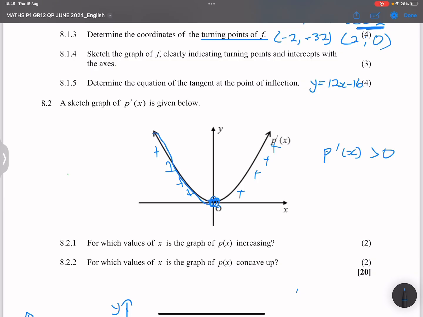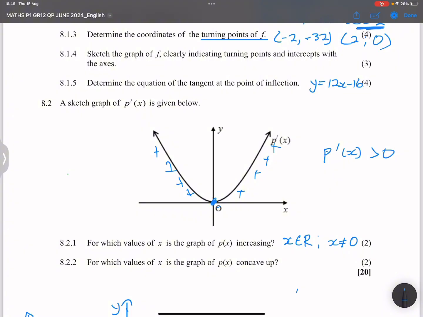It only becomes 0 at this point here. So in this case, we can say x is an element of real numbers. However, x cannot be equal to 0. Or you can say minus infinity to infinity, and x cannot be equal to 0.